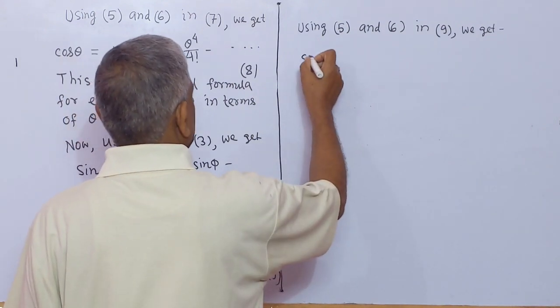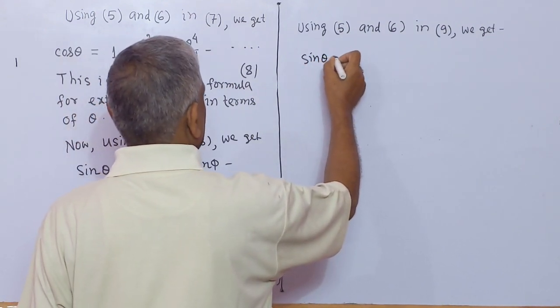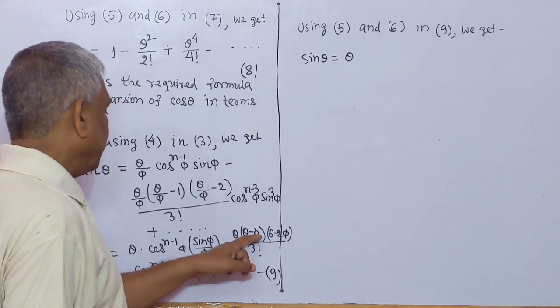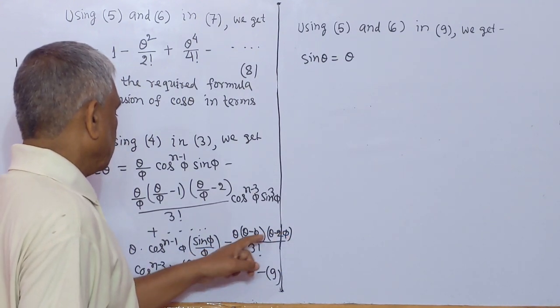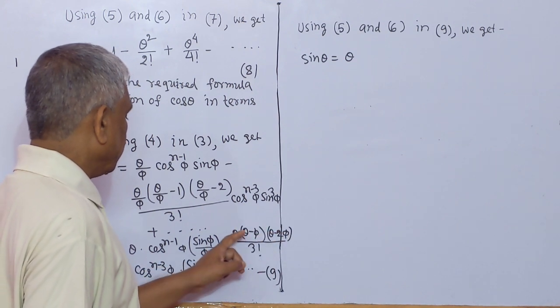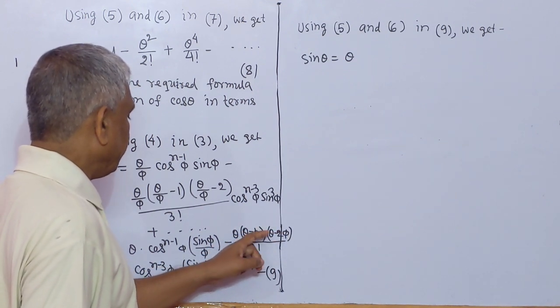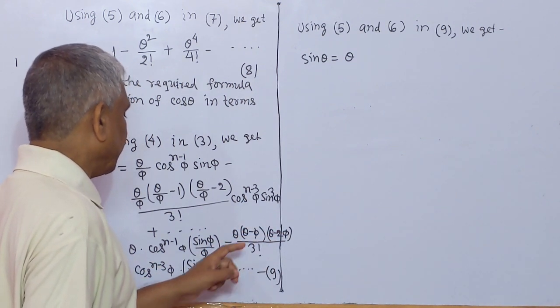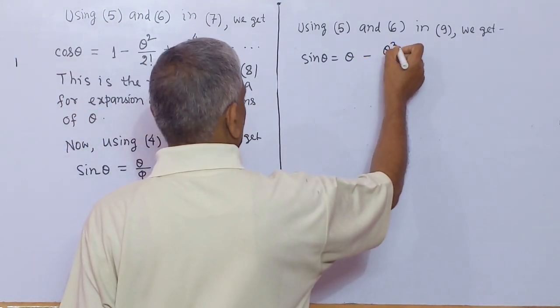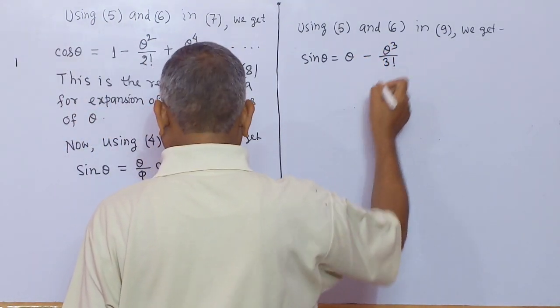So left side sin theta, right side theta. Here also phi tends to 0, so we put phi equal to 0, so theta multiply theta multiply theta, theta cube by factorial 3, minus theta cube by factorial 3.